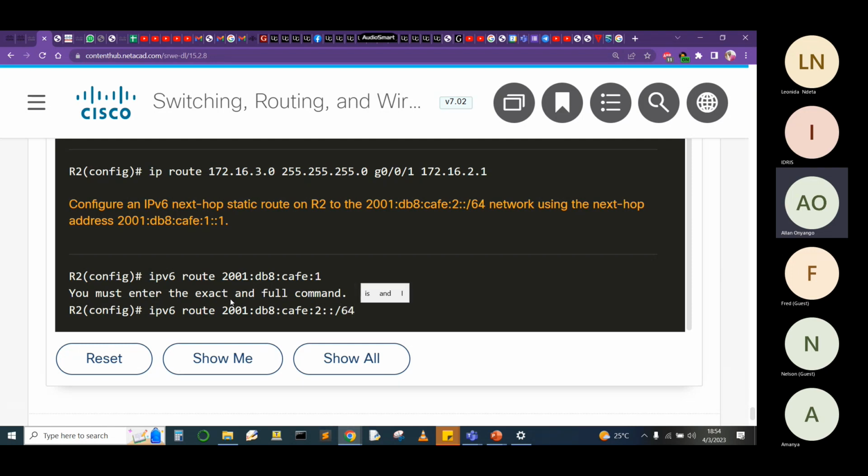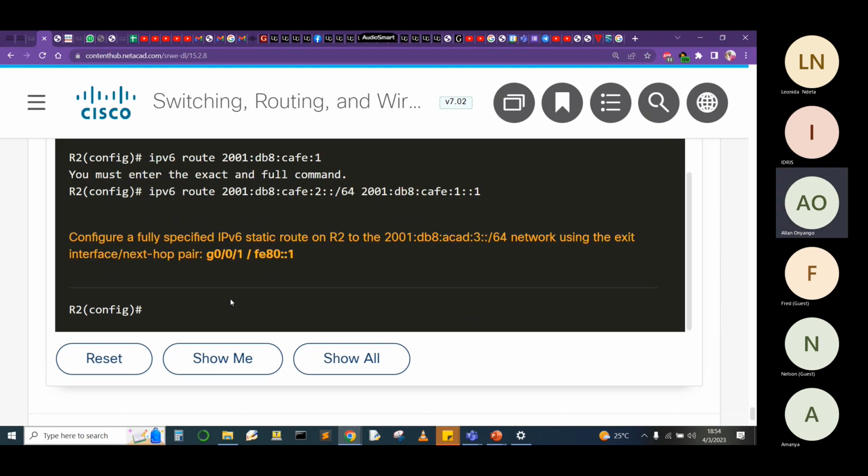Since it was next hop, the next hop is there, as we had seen, 2001:db8:cafe:1::1. All right, and we are good to go on that.